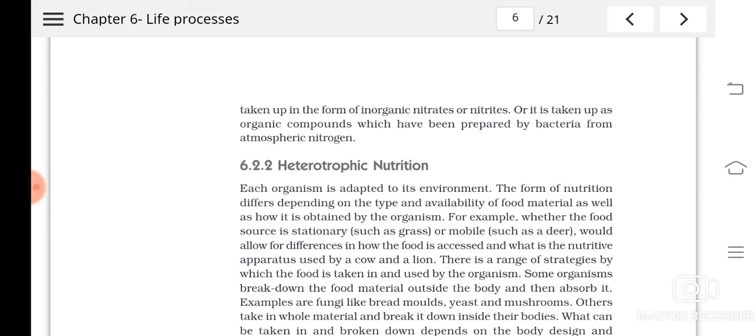I told you there are mainly two types of autotrophic nutrition, that is chemoautotrophic and photoautotrophic. Photoautotrophic means with the help of sunlight, and chemoautotrophic is found in certain organisms like bacteria, where certain chemical conversions give energy for the formation of food. And in photoautotrophic, the energy comes from light.